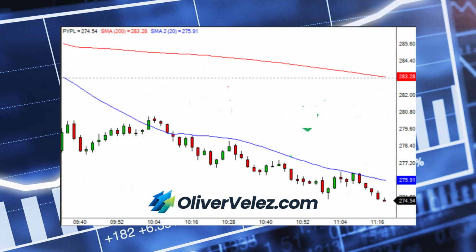It's a little bit different if your fat bar is an exhaustion bar. Let me give you an example of that. Now this is not the first one.